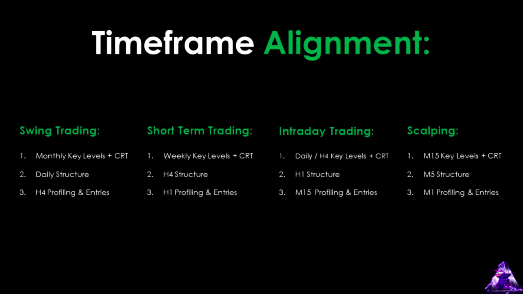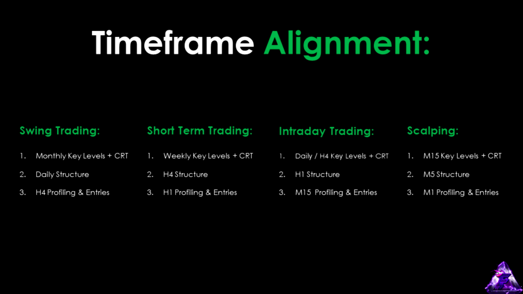Let's now break down the time frame alignments for different trading styles in more detail, starting with swing trading. For swing trading, the higher time frame you'll use is the monthly chart. The monthly chart serves 2 main purposes: identifying key levels and finding CRTs. Next, the daily time frame acts as your intermediate time frame, where you'll analyze market structure and order flow using various concepts.